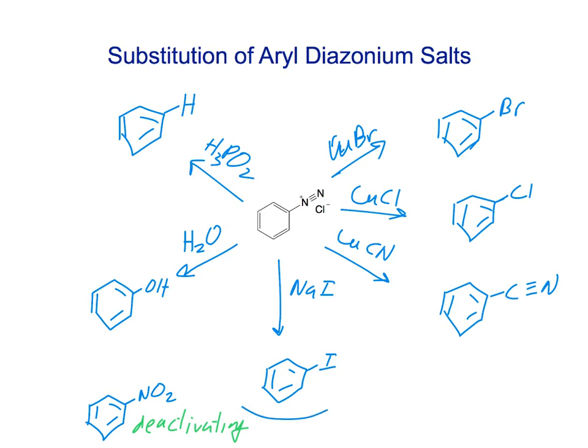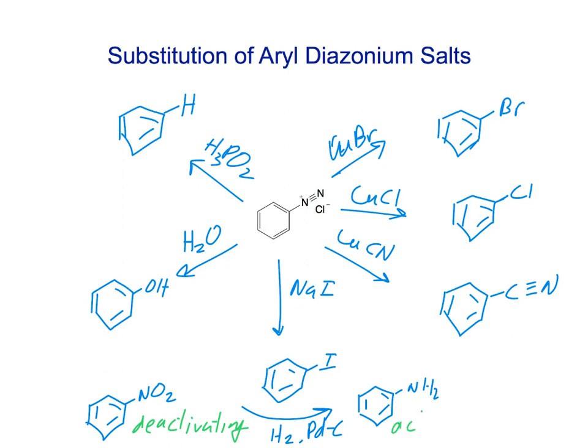If we want, we can convert this. We can use, say, hydrogen and palladium on carbon, or tin, or what was the other one? Iron and hydrochloric acid. We could reduce that to an amine, to aniline. And in this process, we have converted this deactivating group into a strong activating group.